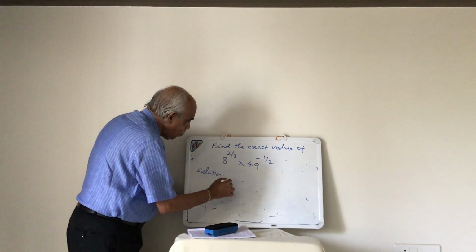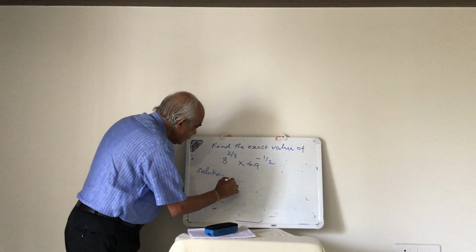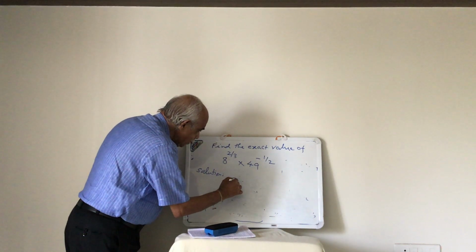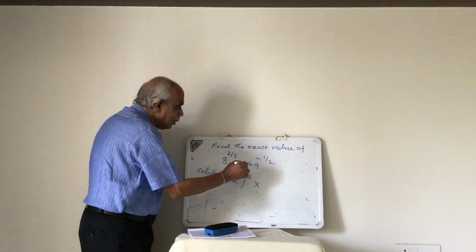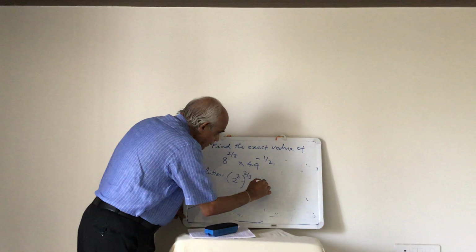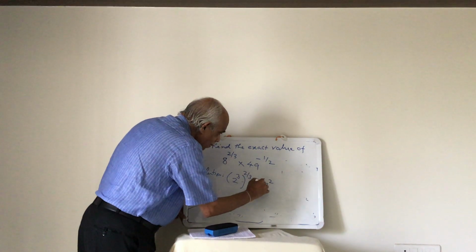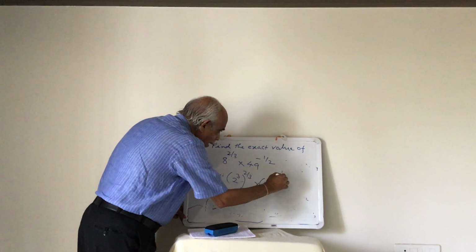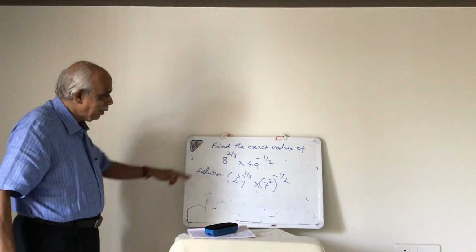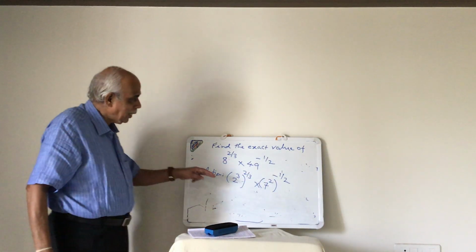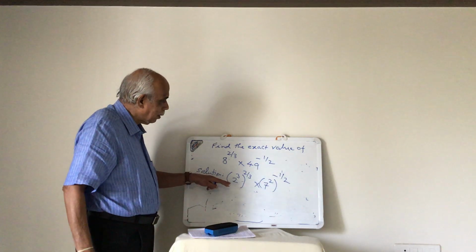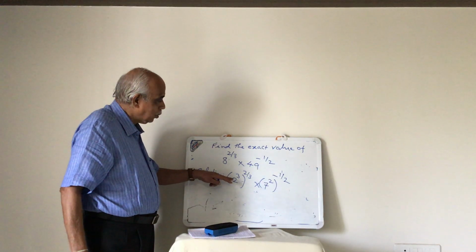Now 8 raised to 2 upon 3, we can write it as, because 8 is 2 raised to 3, so I will just write 2 raised to 3, raised to 2 upon 3, multiplied by 49. 49 means I can write it as 7 square, raised to minus half. Very easy. Okay. So you see now what happens. Now we are going to use the laws of indices.